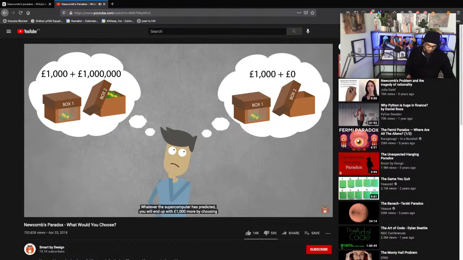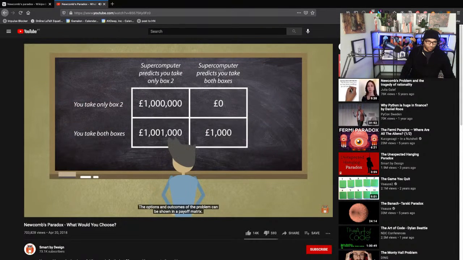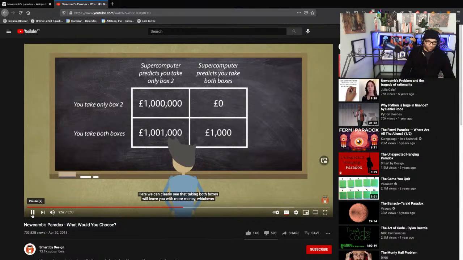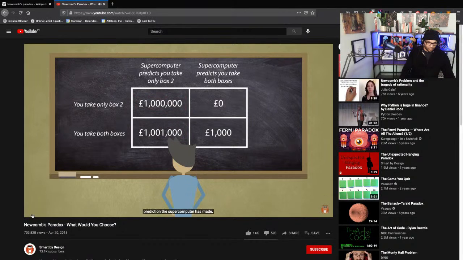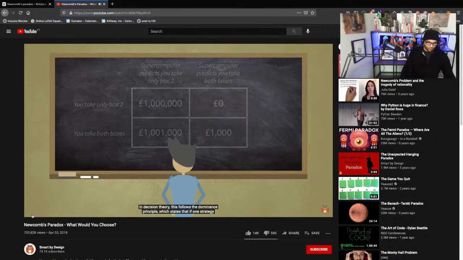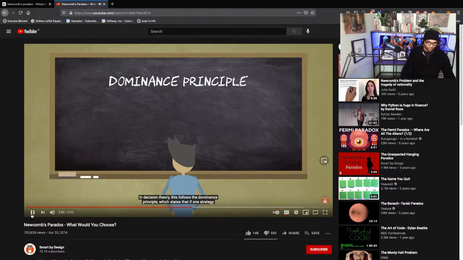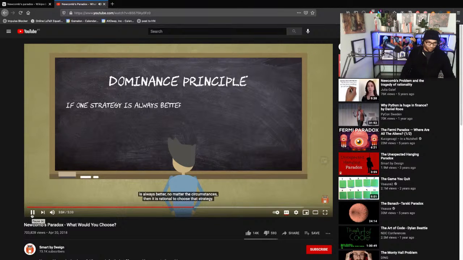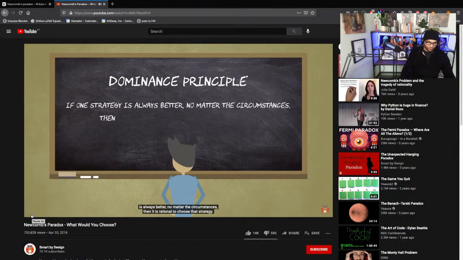Whatever the supercomputer has predicted, you will end up with £1,000 more by choosing both boxes. The options and outcomes can be shown in a payoff matrix. Here we can clearly see that taking both boxes will leave you with more money, whichever prediction the supercomputer has made. In decision theory, this follows the dominance principle, which states that if one strategy is always better, no matter the circumstances, then it is rational to choose that strategy.